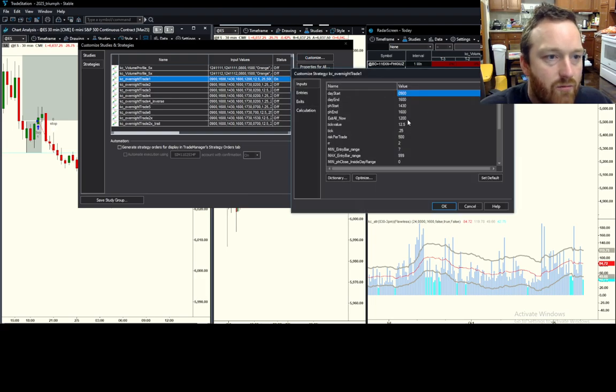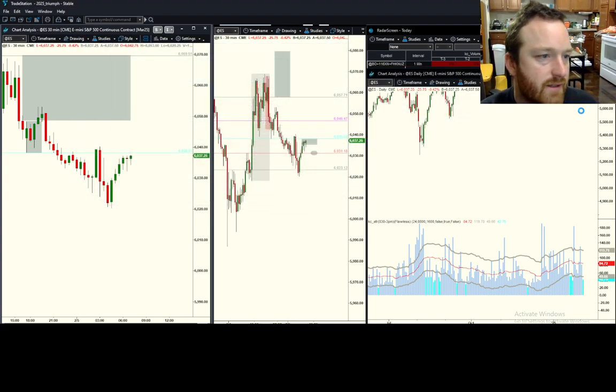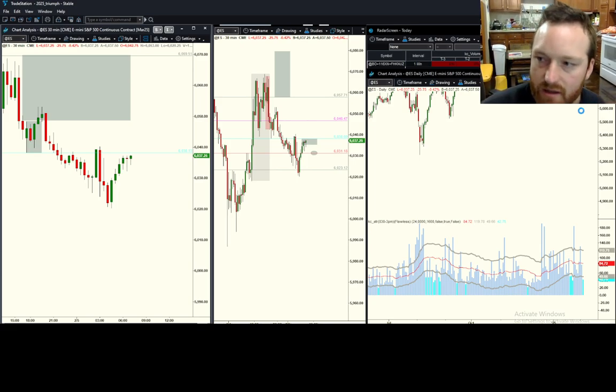Depending on how big of a deal it is, how big of a difference this is. Looking at, yeah, it's trending up right now. Yep, it is.